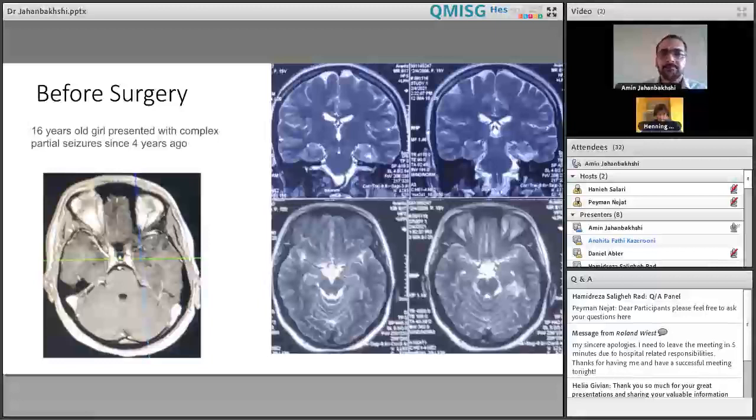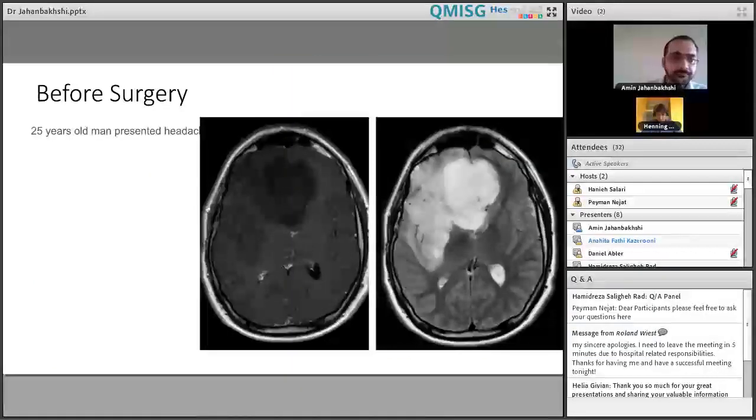We usually rely on contrast enhanced MRI, but you can see here that in the second example I said, we can miss a glioblastoma case. Okay.